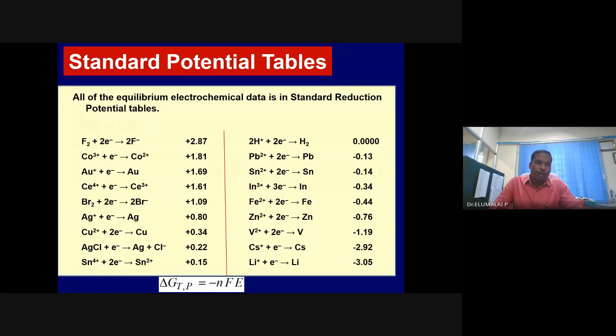Take 1 or 2 minutes. Use this Gibbs equation: delta G equals minus nFE. I told you that you can put delta G naught equals minus nFE naught at standard conditions.